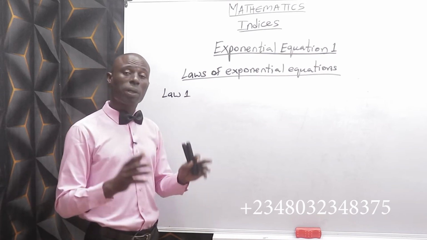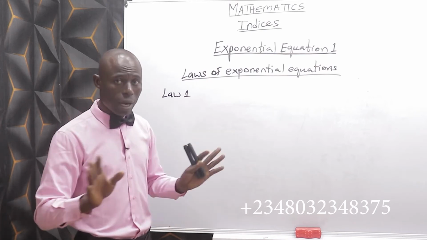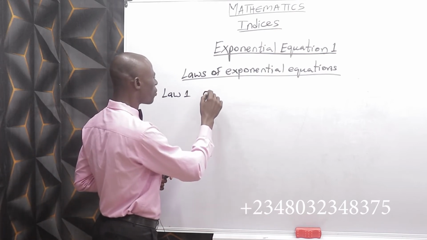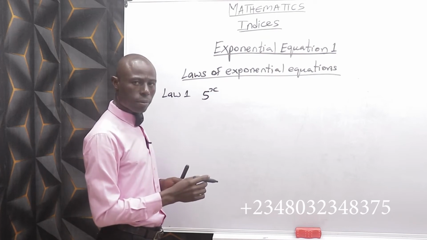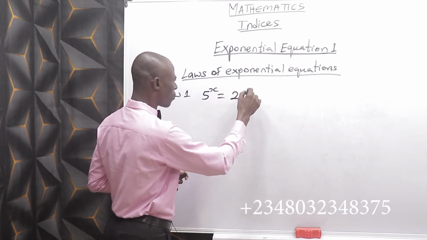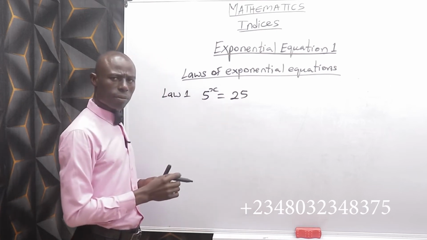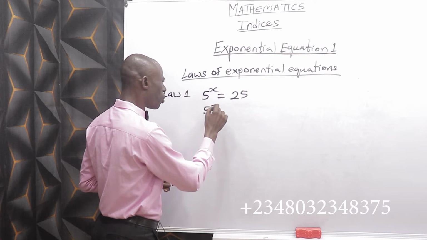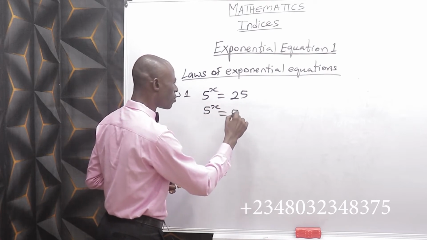What's the implication? The implication is that the powers also are equal. If we have 5 raised to power x, which is equal to 25, we express it as 5 raised to power x is equal to 5 raised to power 2.